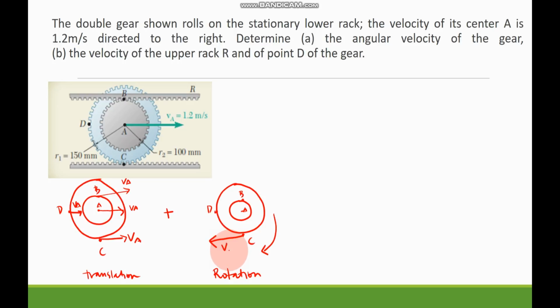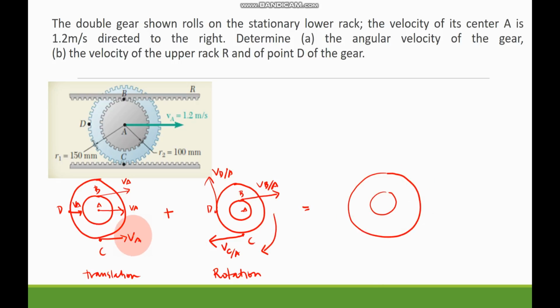So this is the velocity of C with respect to A, because it is clockwise. Then the velocity of D with respect to A is going upward. Assume that it is in a vertical straight line. The velocity of D with respect to A is pointing to the right. Therefore, it will create the plane motion. So we will combine these two diagrams. Let us draw the gear again.